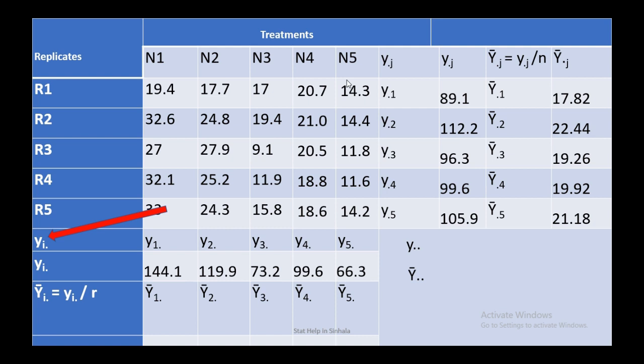In this table you can see the 5 treatments, N1 to N5, and these are the 5 replicates for each of the fertilizers. Now I am going to teach you how to calculate Yi dot.